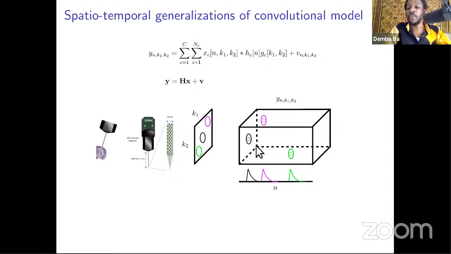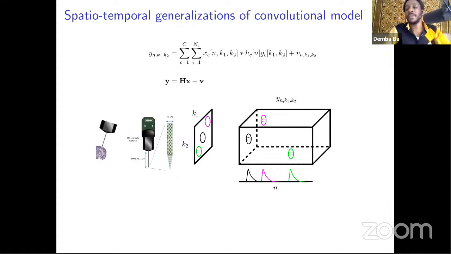So the data that you're recording from these multi-electrode arrays are now 3-dimensional volumes. Well, how does that change our model? The only way it changes our model is that now instead of having 1-dimensional convolutions, we have multi-dimensional convolutions. But because convolution is a linear operation, we can write this again as y equals Hx plus v. So whenever I write this model here, you should not just be thinking of a 1-dimensional signal. We're really talking about operations that can be vectorized or tensorized, and so on and so forth.